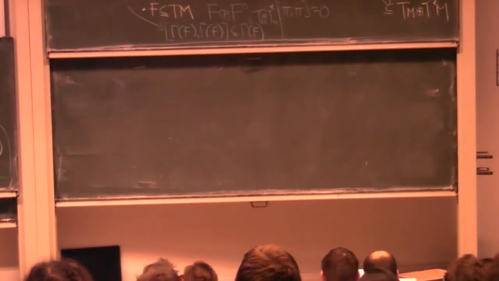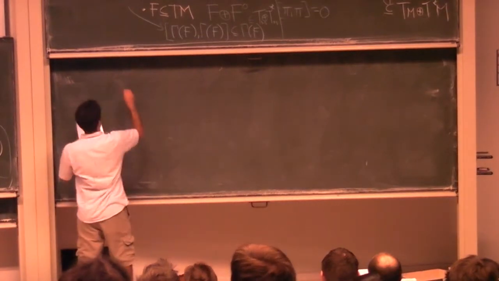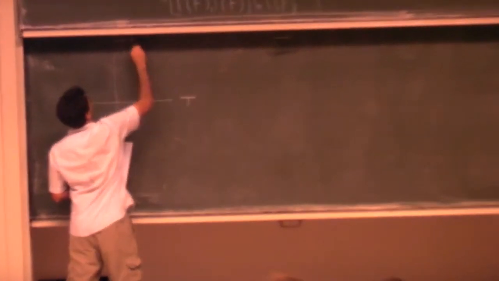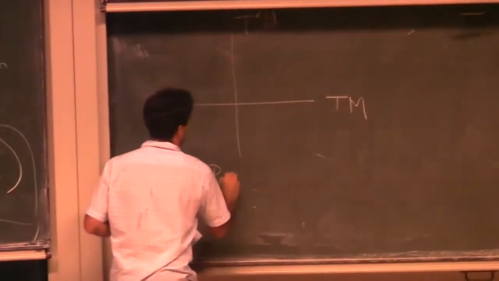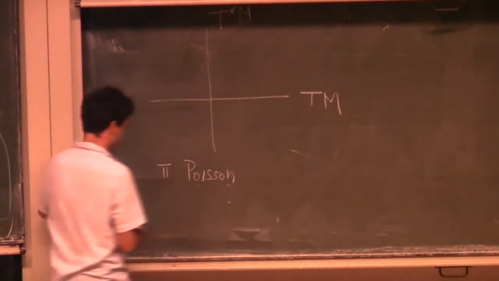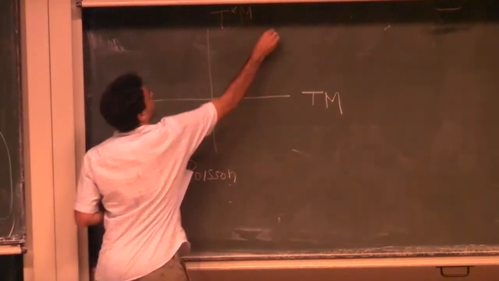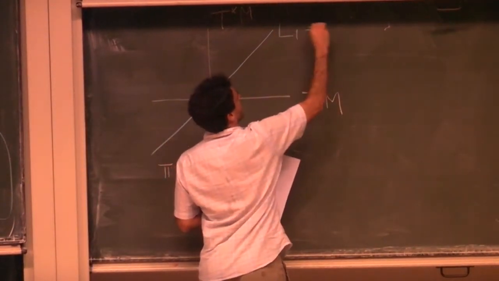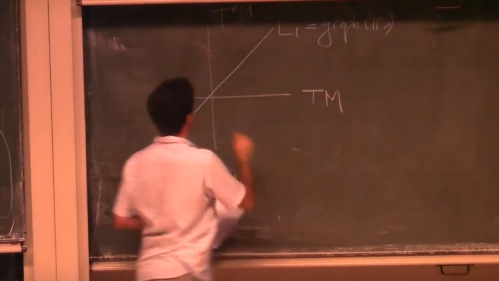So for example, if you have here T and T star, and you have a Poisson structure, I can view it in terms of its graph, and we saw that this is a Dirac structure, right?